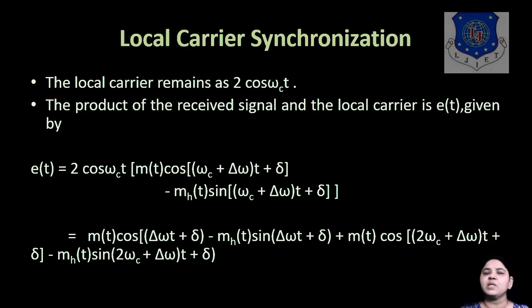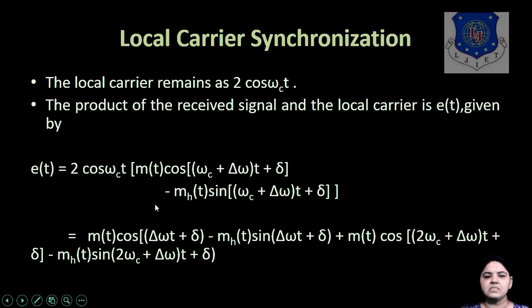While doing the Fourier transform of the SSBSC equation, we get the component, and the Hilbert transform component is negative, so we are subtracting it. The meaning of this is that m(t) cos (omega c plus delta omega) t plus delta is one sideband, and from the sideband we are removing the distortion by this minus m_h(t), the Hilbert transform.